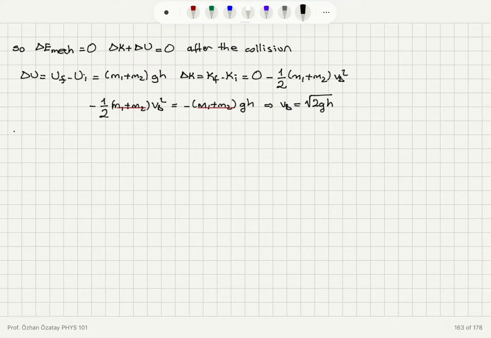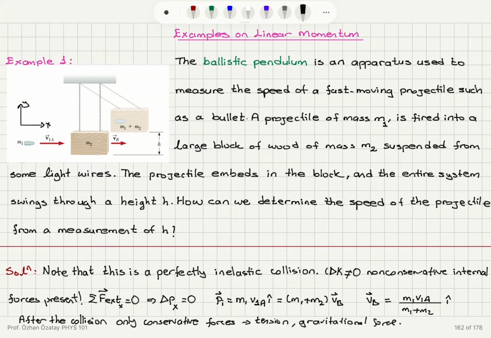And since we have v1a before the collision equaling (m1 plus m2) times vb over m1, from this equation here, you can see v1a is (m1 plus m2) over m1 times vb.